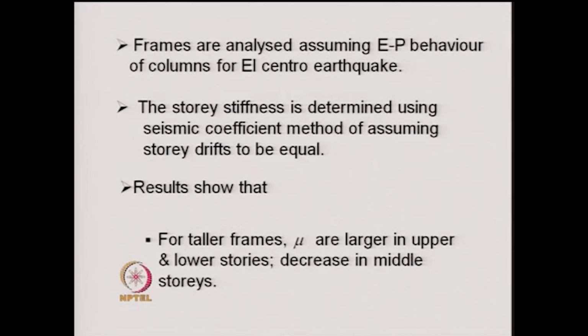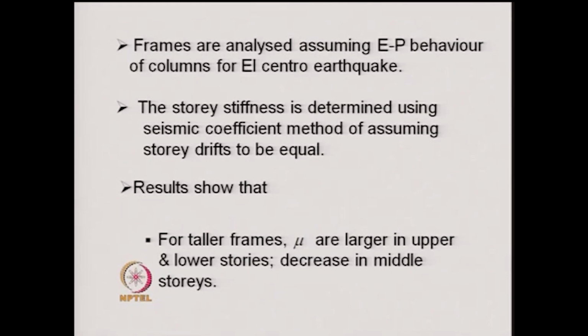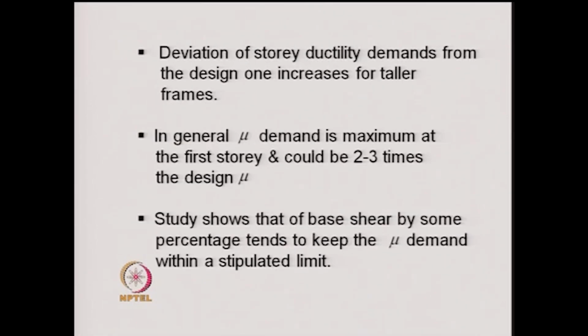The results of the study show some interesting results. For example, for taller frames, the ductility demand that is obtained from the analysis is larger in upper and lower stories, and it decreases in the middle story.